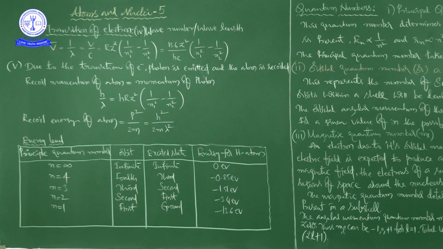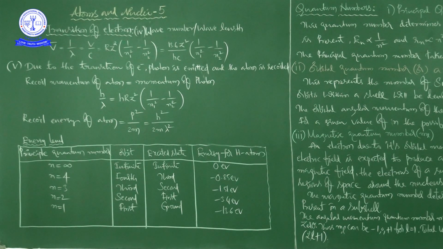So till now, these 3 points we discussed in the last class regarding the transition of electron. Now see the fourth point. See here, I have written the fourth point. The fourth point is regarding wave number or wavelength. Wave number is equal to 1 by lambda.